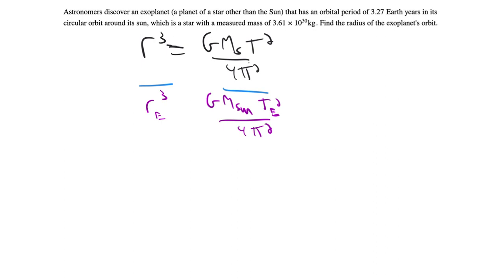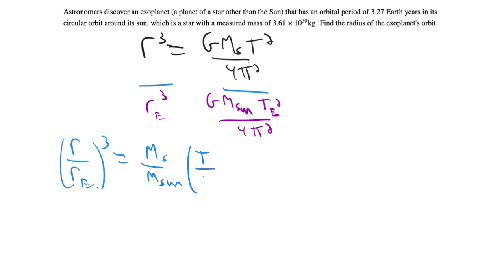This can be simplified a little bit to r over the Earth's orbit radius all cubed is, the G's would cancel, the 4 pi's would cancel, we would have the mass of our star over the mass of the Sun times the square of the period over the period of the Earth's orbit squared.